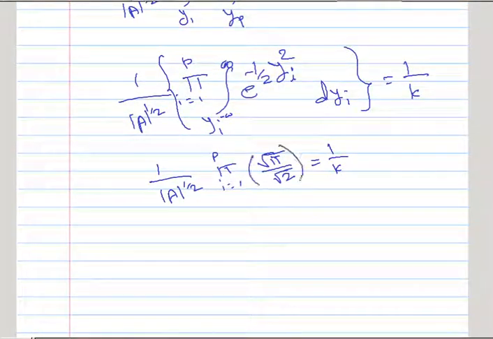Now this root pi upon root 2 has to be multiplied from 1 to p. But here, this expression is from minus infinity to plus infinity, and therefore in order to tackle that, we write 2 times the integral from 0 to infinity.